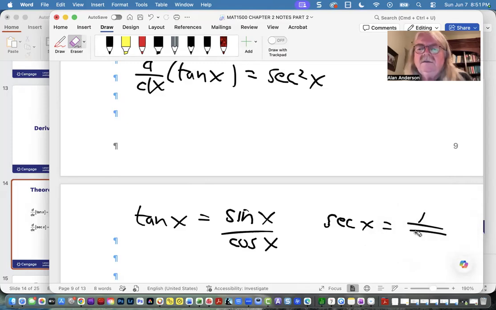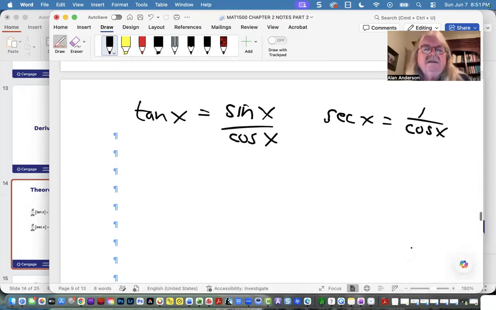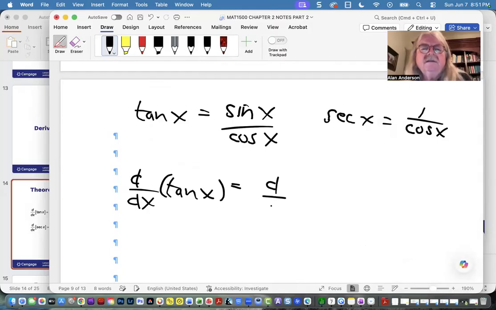All right, so what I'm going to do is just this one. We're not going to do the others. We're going to use the quotient rule to prove this one.